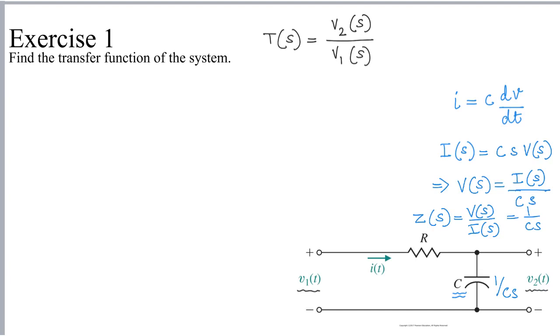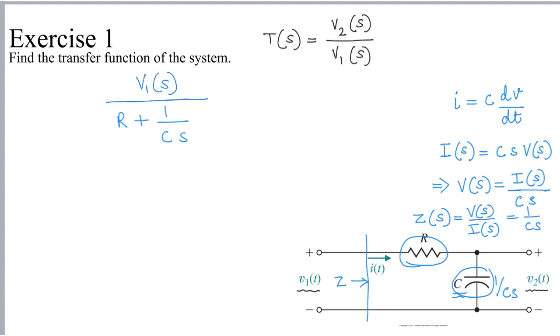One way is to find the total impedance looking into the circuit from here, which is the impedance of the resistor plus the impedance of the capacitor, so R plus 1 over Cs. The voltage V1(s) divided by the impedance gives us the current I(s).